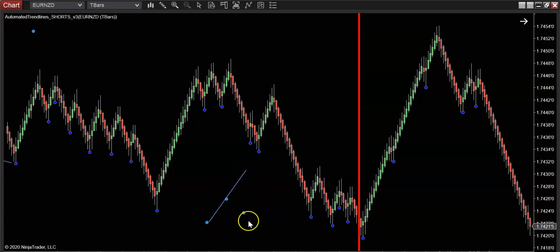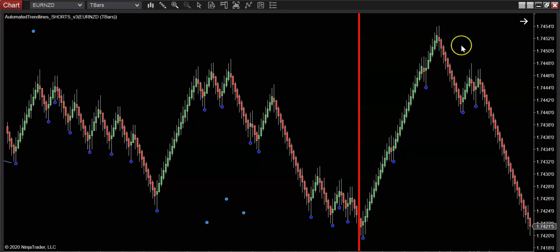Now I want to see 3 of them, because what this tells me is that if the market's going up, okay, when I get this 3rd dot, it tells me that the market's getting a little weak, right? And I want to short it only when the market gets weak. I don't want to short a strong rising market. Does that make sense? Okay.